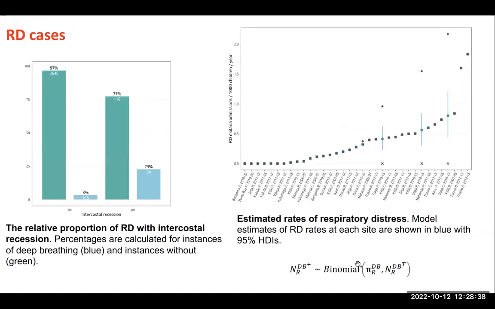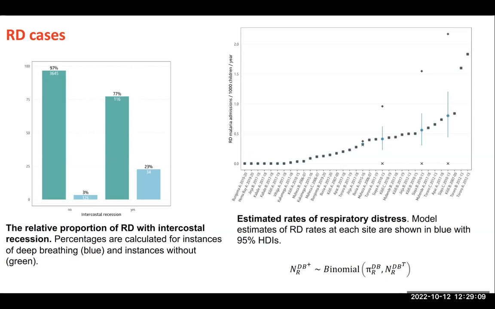So this next slide is on respiratory distress, which I'll call RD going forward. The predictive performance of intercostal recession was only relevant in this case for Sierra Hospital, as this is the only site that did not report deep breathing. And so the graph on the left shows you the relative proportion of RD with intercostal recession. So the green bars show you instances without RD, and the blue ones are instances with RD.